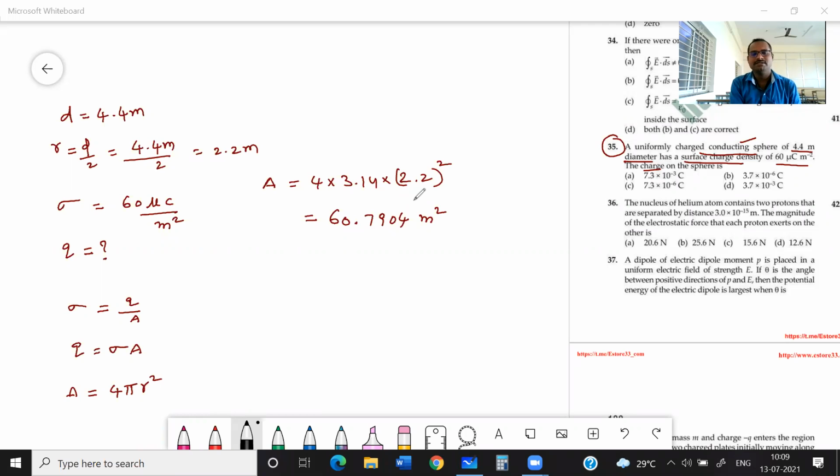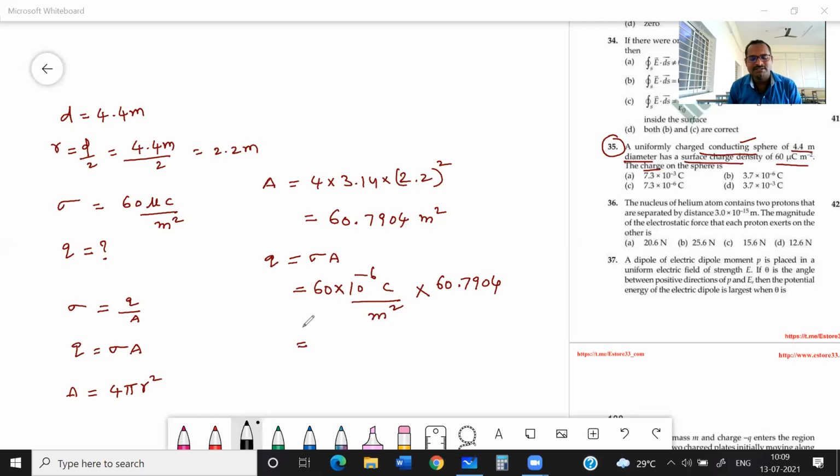Okay, students? Now we need the Q value. The formula is Q is equal to sigma into area. Sigma value is given as 60 micro. Micro means 10 to the power of minus 6 coulomb per meter square, into area 60.7904.